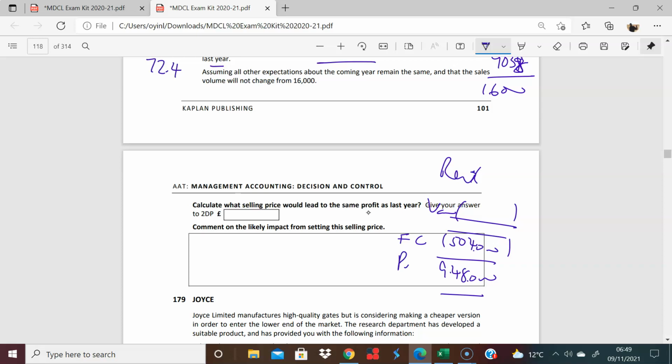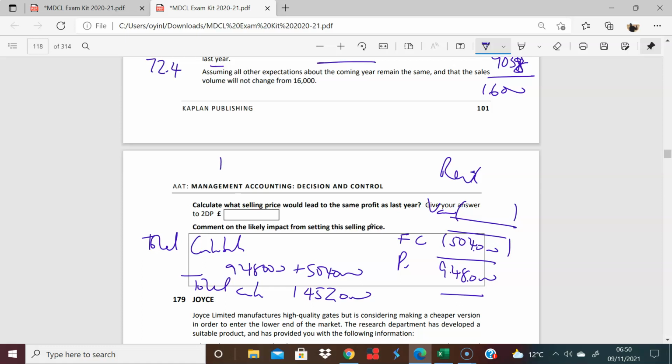So first of all, I need to get a total contribution before fixed costs, of 948,000 plus 504,000, and that's equal to 1,452,000. So this has to be my total contribution.